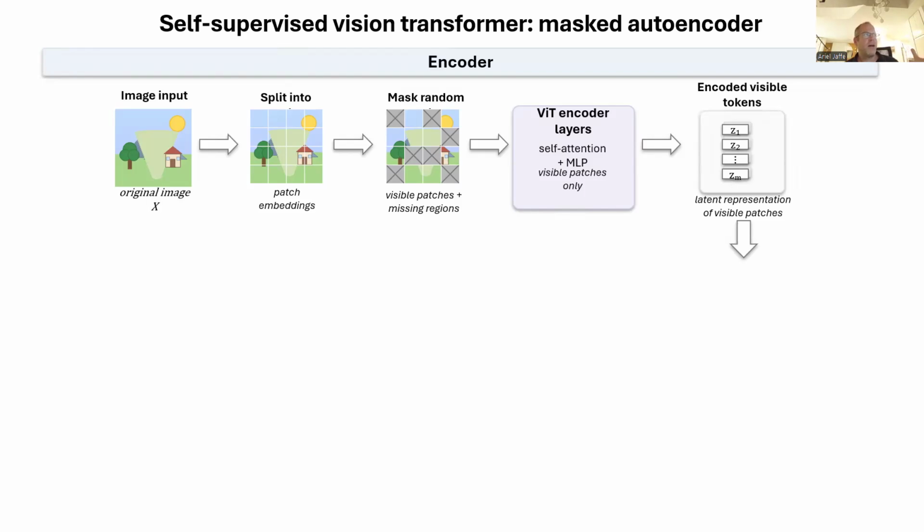Then we have an encoder vision transformer. This is the self-attention mechanism applied only to the visible patches. If patches are masked out, we don't take them into account in the attention mechanism. The attention mechanism is a repeated application of multi-head attention, say 3 or 4 layers.